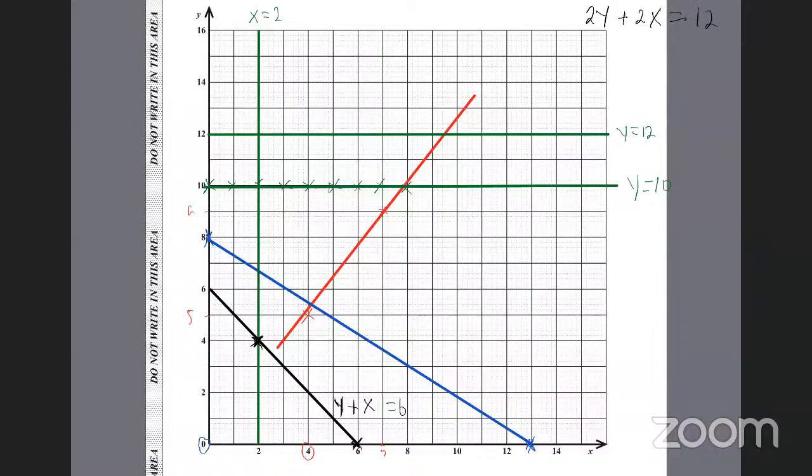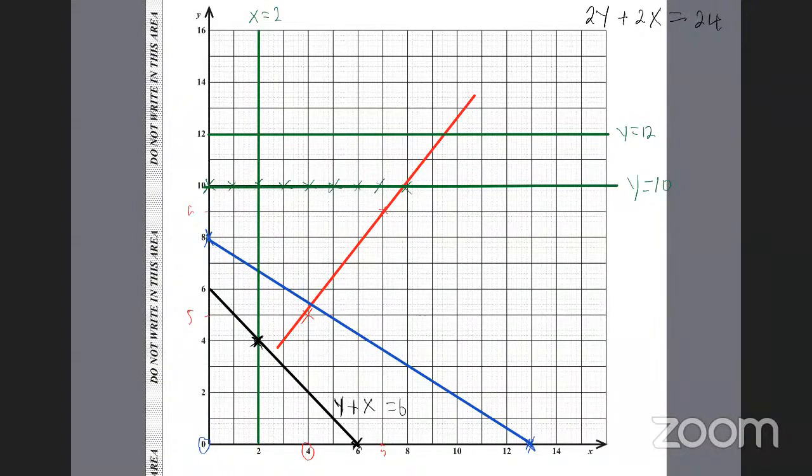Oh wait, no, sorry, wrong value. 2x plus 2y is 24. Let's see if we can get that on our graph.